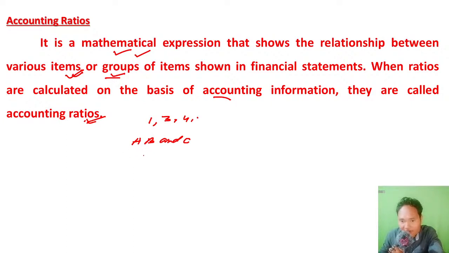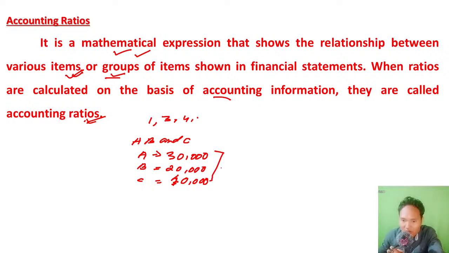For example, A has contributed 30,000 as capital, B has contributed 20,000 as capital, C has contributed 10,000 as capital. You can see that the proportions of their contributions in the partnership firm are not the same.